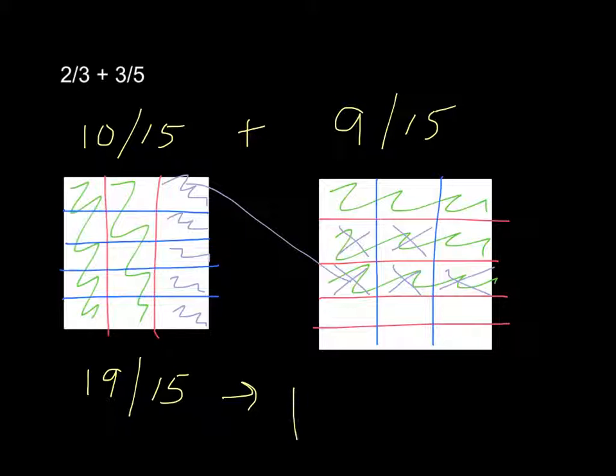So I have 1 whole, and I have 1, 2, 3, 4/15 left. So 2/3 plus 3/5 is 1 and 4/15. Again, the way I look at it is 15 goes into 19 once, and 19 minus 15 is 4. So I have 4 pieces left.